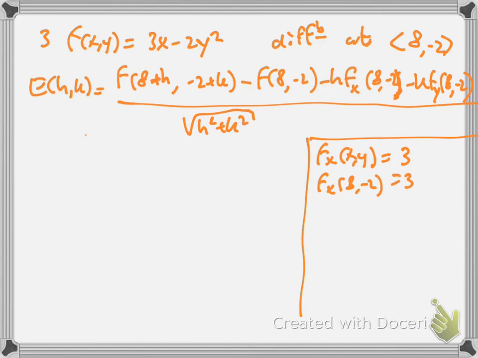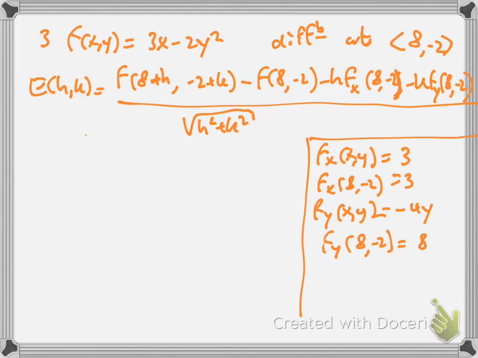This is a constant function, it's always 3. The f_y is equal to minus 4y. So f_y in the point (8, minus 2) is equal to minus 4 times minus 2, which is equal to 8.